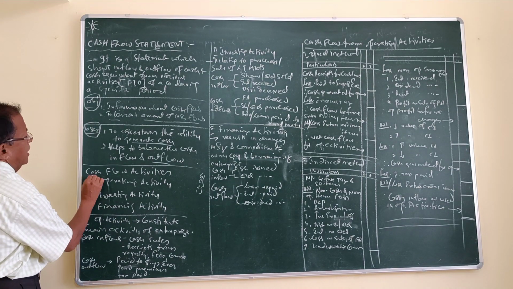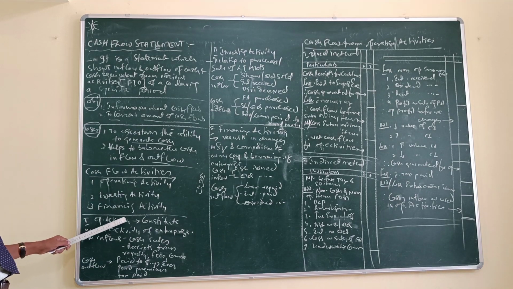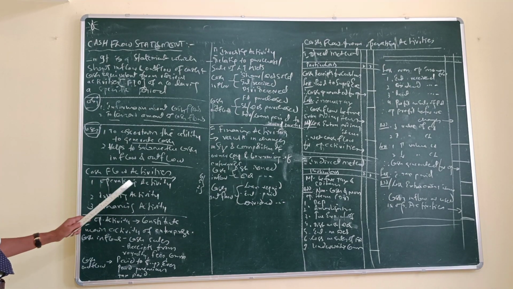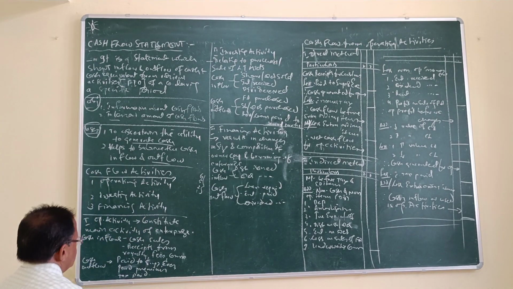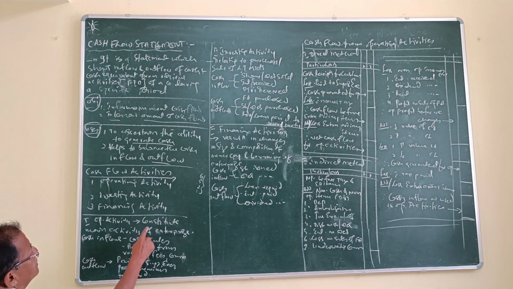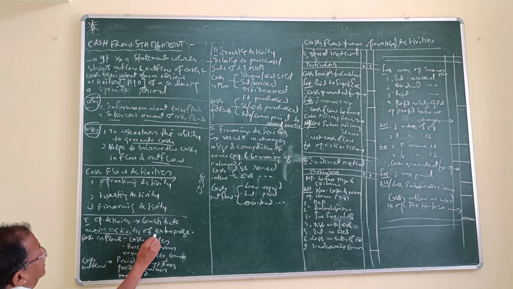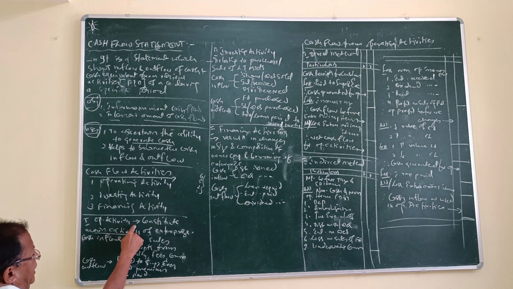Next, let us see cash flow activity. In an enterprise, there are three activities. One is operating activity, next investing activity, third one financing activity. Next, let us see each activity. First one, operating activity. It constitutes the main activity of the enterprise. The main activity is called operating activity.